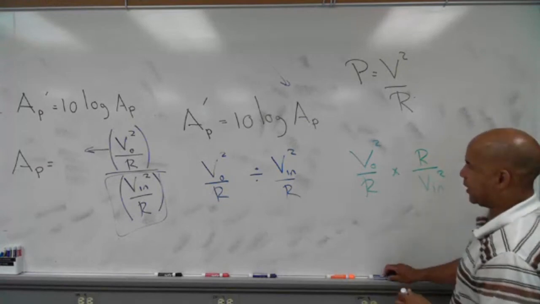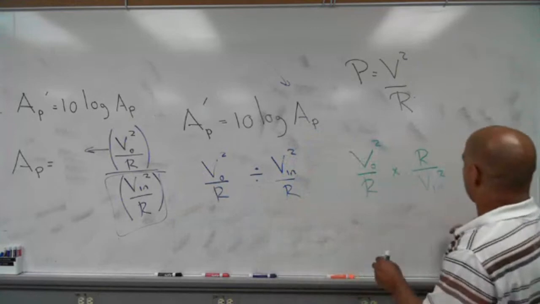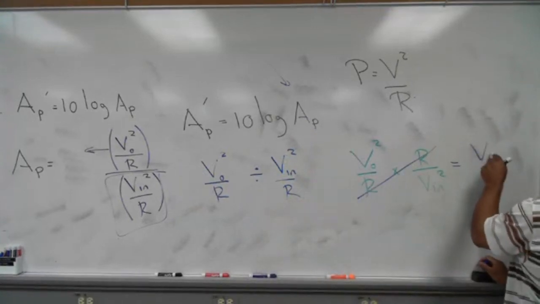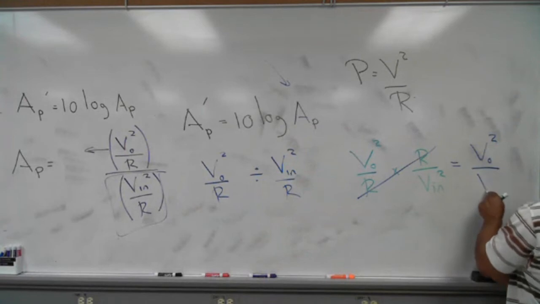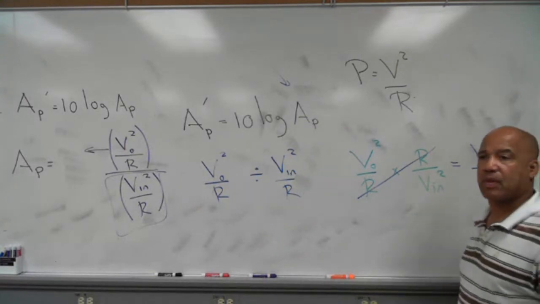If you do that, the R's go away, and what you end up with is V out squared over V in squared, which is kind of interesting.